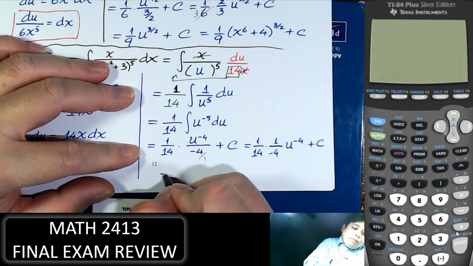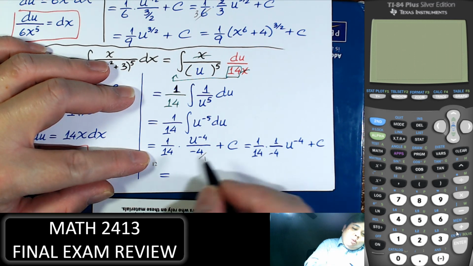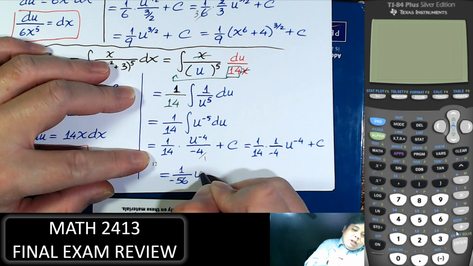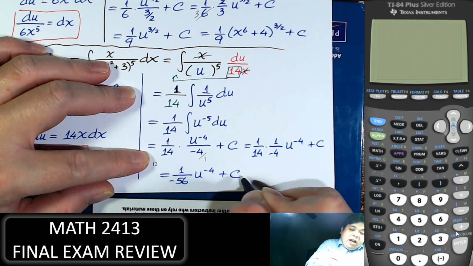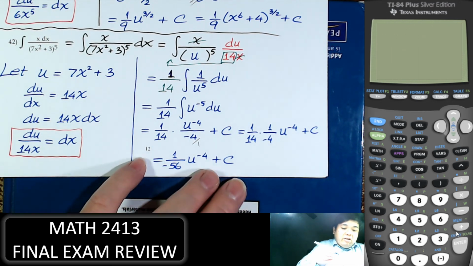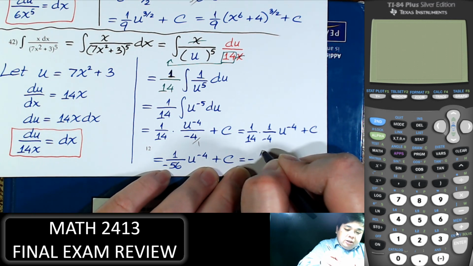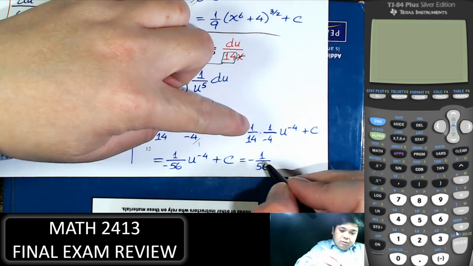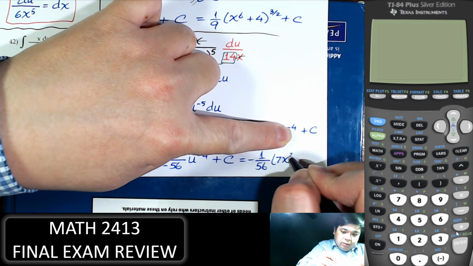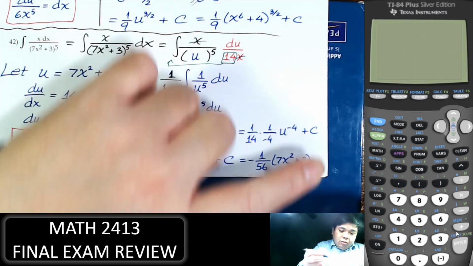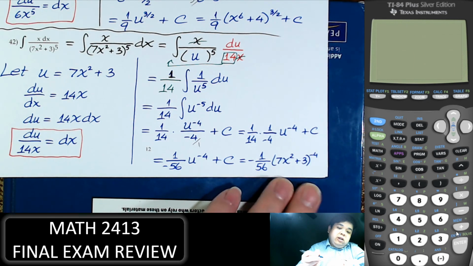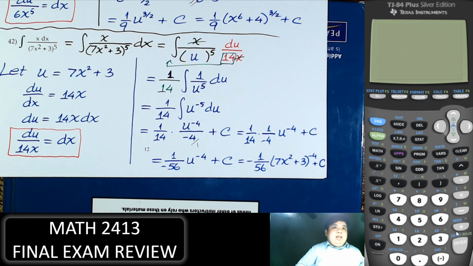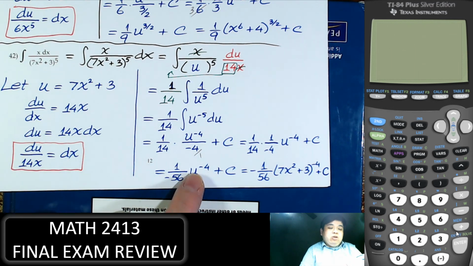Right. 1 over negative 56 u to negative 4 plus c, and finally substitute in for u, 7x squared plus 3. Don't forget the negative 4. Because the problem originally has x in it, the answer must have x in it, so we need to substitute back in for u.